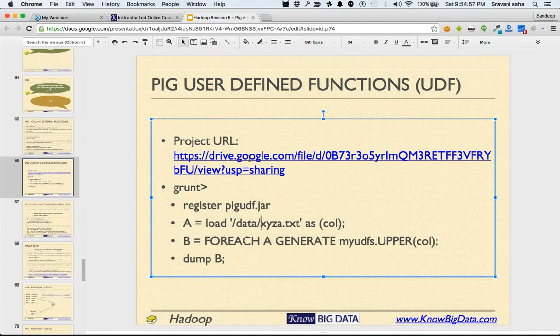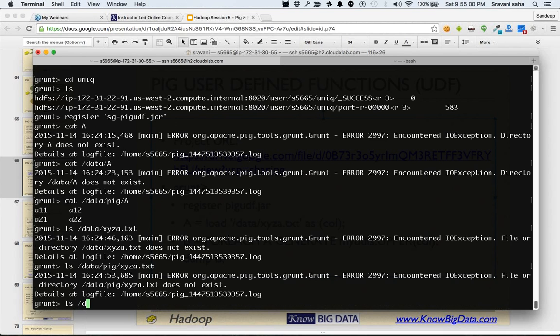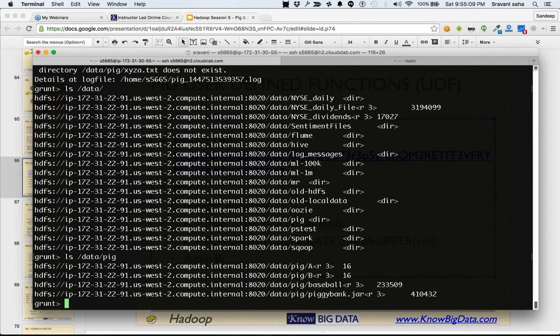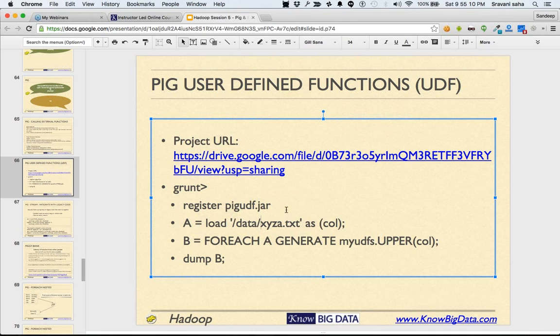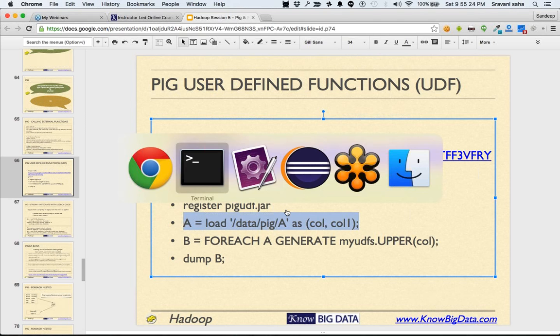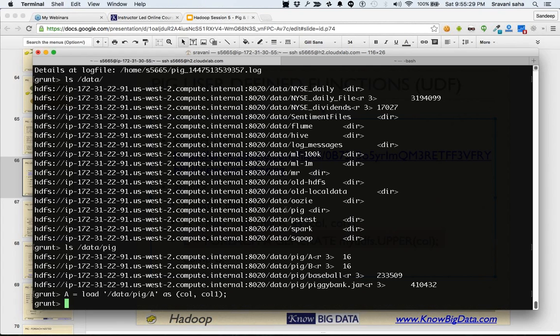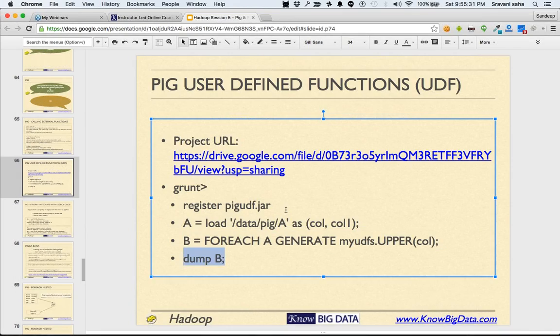It doesn't exist, never mind. Let me do ls slash data. All right, we'll just go with the slash data pig slash a. Then we are saying b equals generate this, and then dump b.